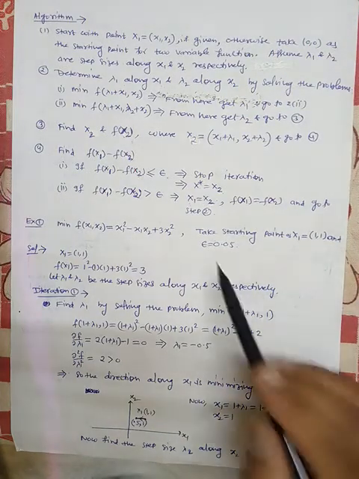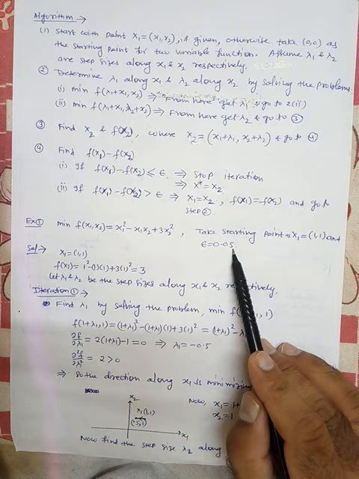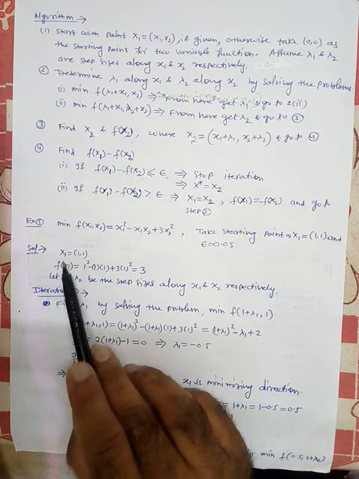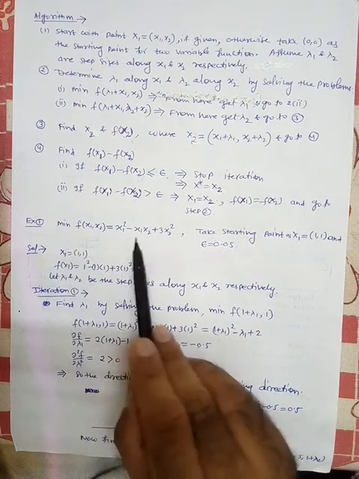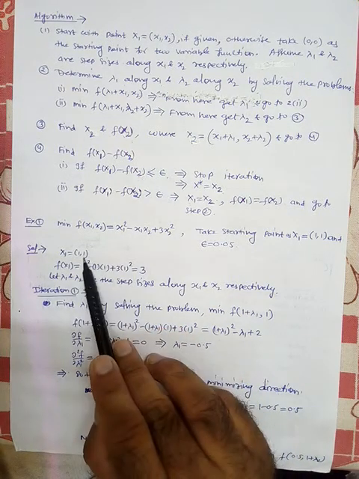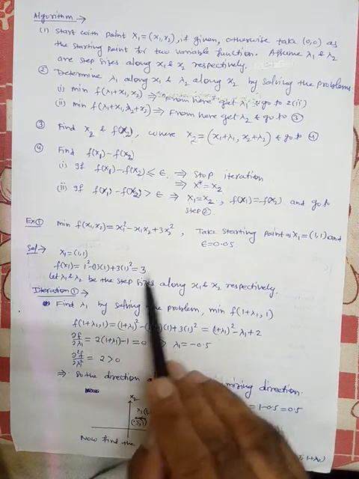And epsilon is 0.05. So x1 is (1, 1). Now compute f of x1. Putting small x1 as 1 and x2 as 1, we get 3. So 3 is the value.